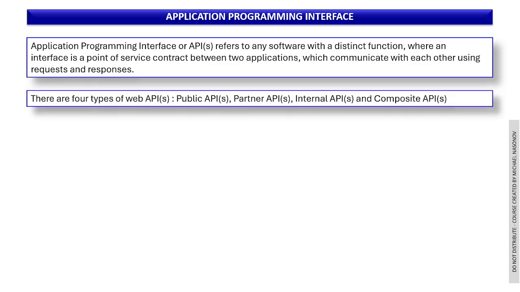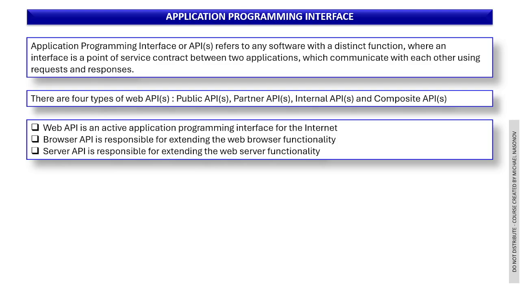There are four basic types of web APIs: public, open for public use; partner, let's say between two companies or two companies and a third party; internal APIs for company use only; and most often composite APIs, a mix of all three.